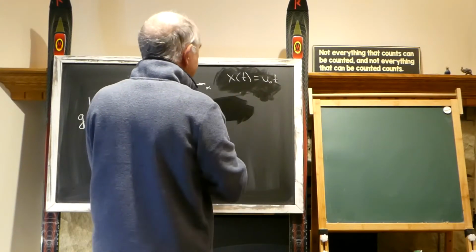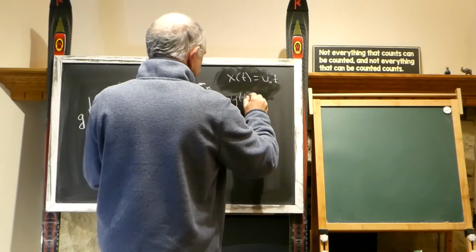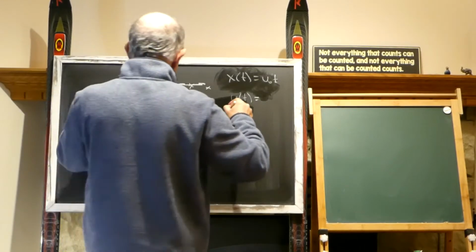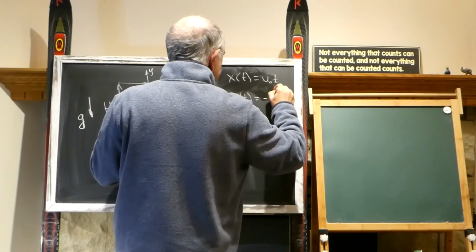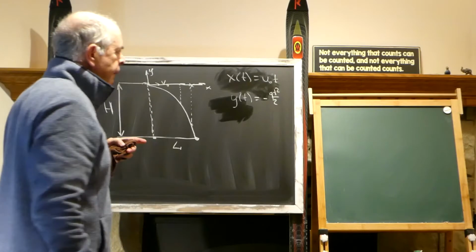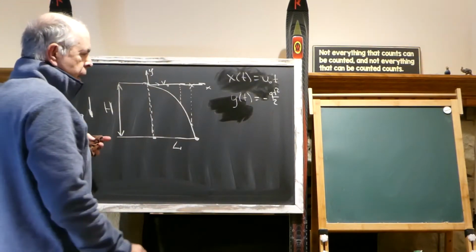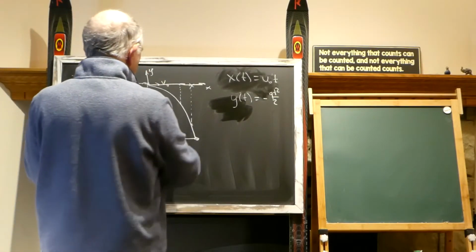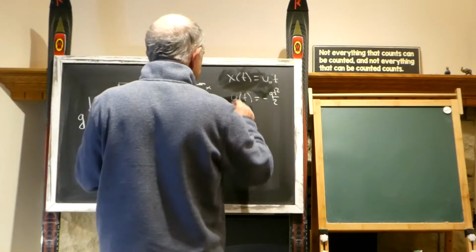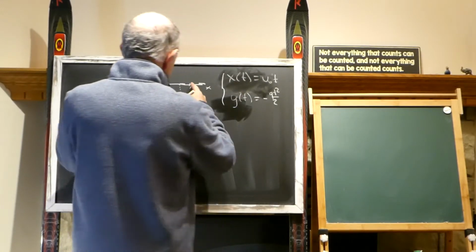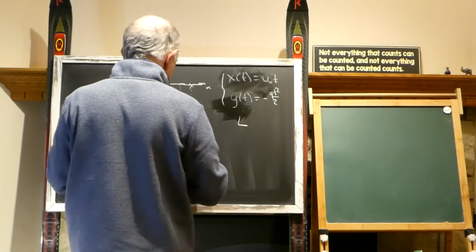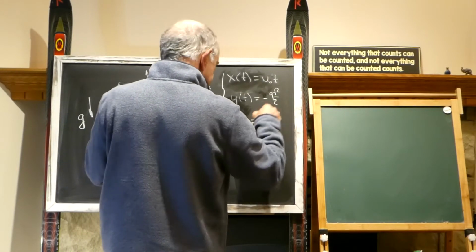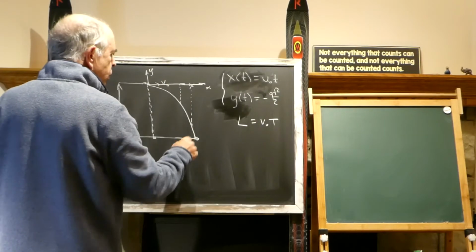And y at any moment of time, we already went through this, the initial speed in this direction is 0. So this is minus gt squared over 2, right? And so when this thing falls, it's determined by this motion, and instead of x it would be L, right? And L would be equal to v0t, and t is the total time from here to here.